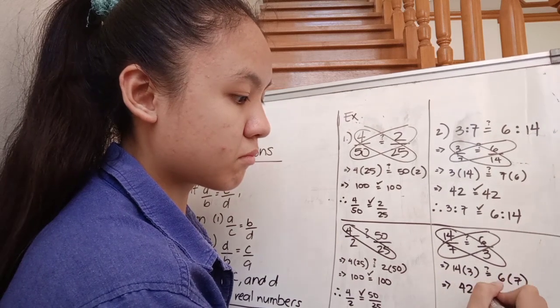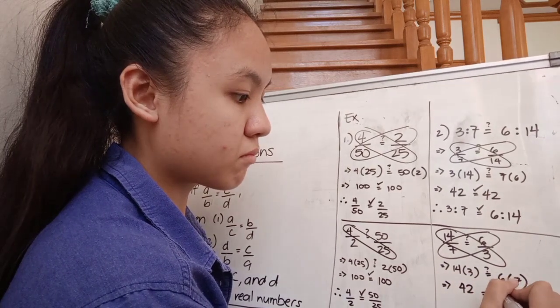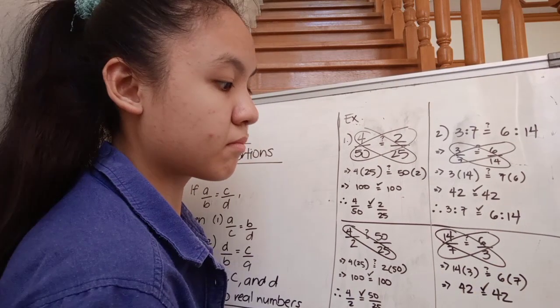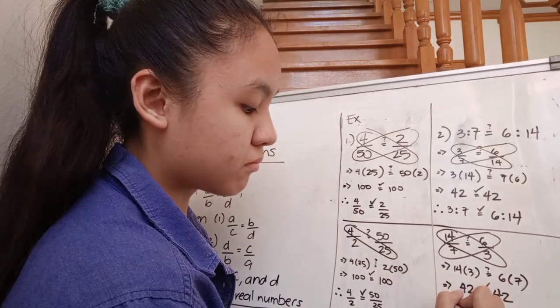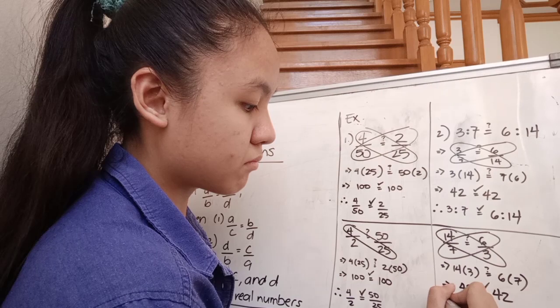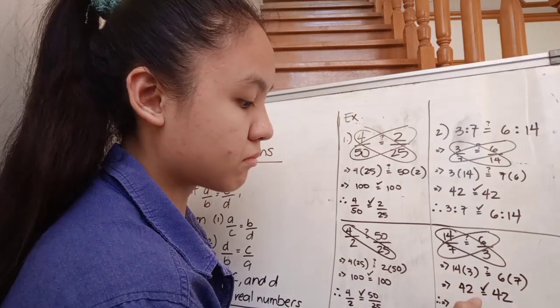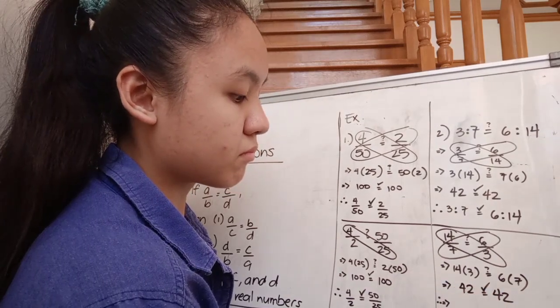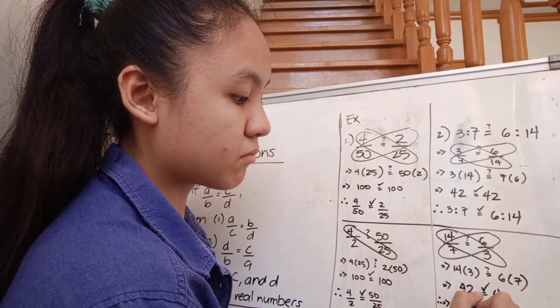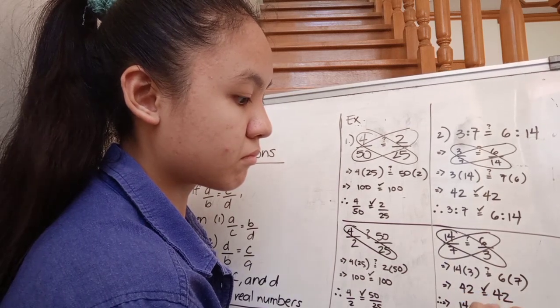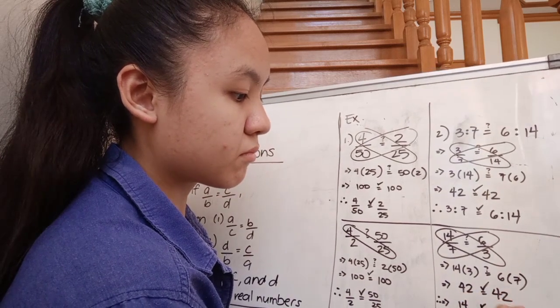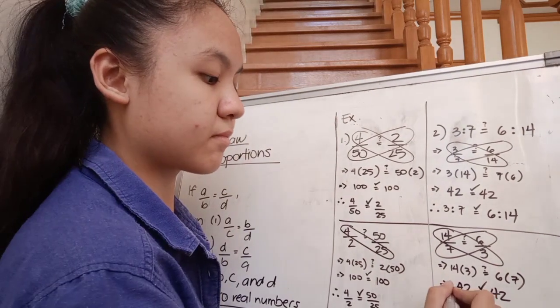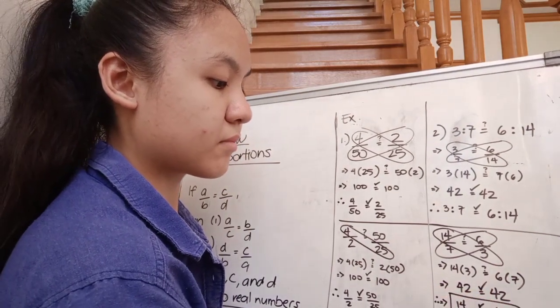So 14 times 3 is still 42, and 6 times 7 is still 42. So in conclusion, 14 over 7 is equal and proportional to 6 over 3.